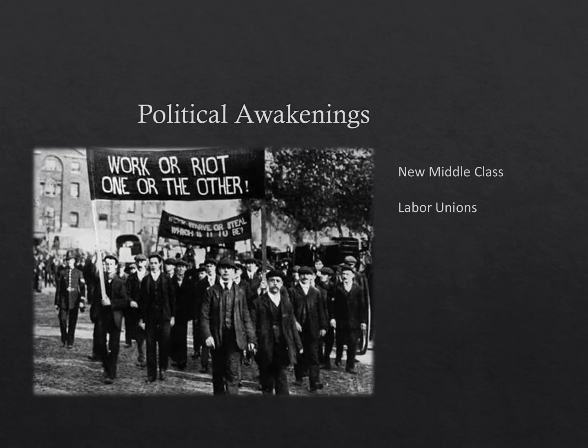On the lower end of the socioeconomic spectrum are labor unions. If the middle class is growing, the proletariat or working class is growing incredibly powerful, by great numbers. The rise of factories, and these are much, much larger factories than before, has concentrated thousands and tens of thousands of workers together.